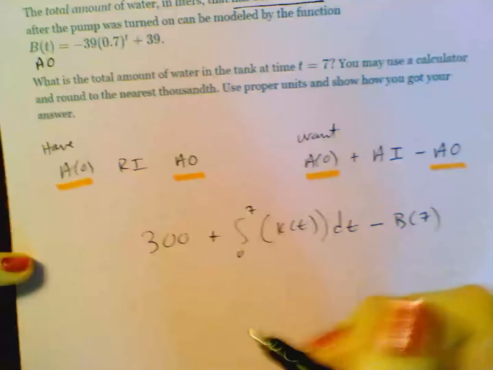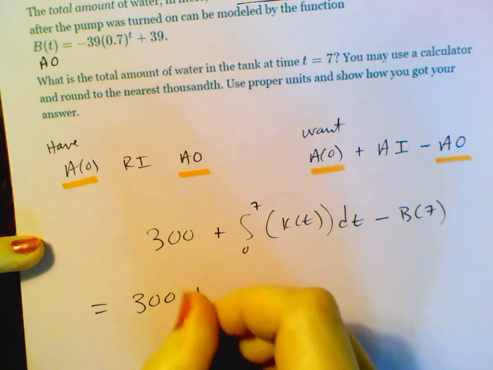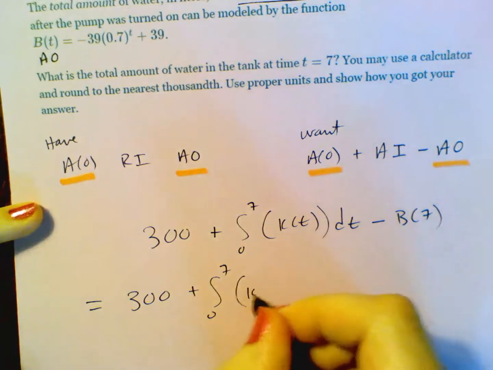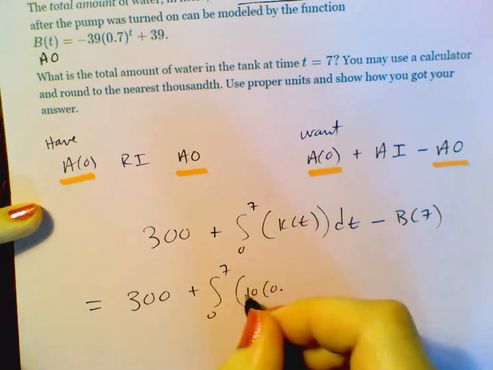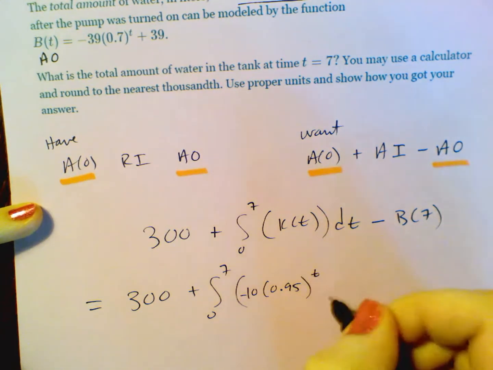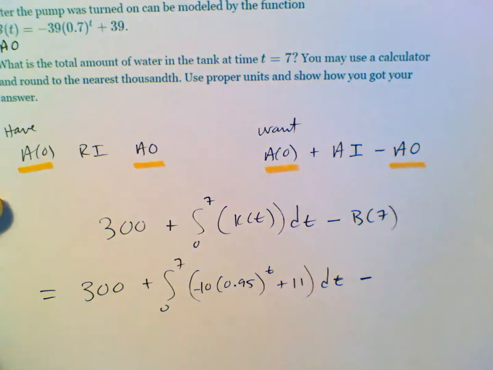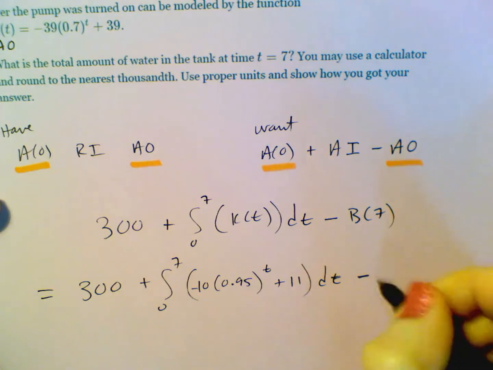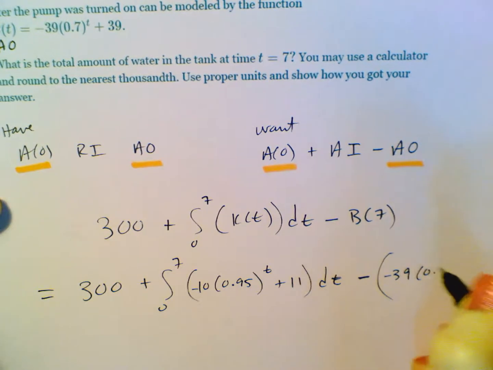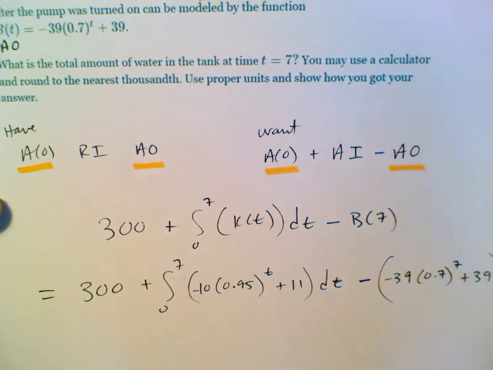Let me write this down, though it's optional: it's going to be 300 plus the integral from 0 to 7 of k of t, which is 10, 0, negative 10, and then minus B of 7, which is negative 39 to the 7th plus 39.